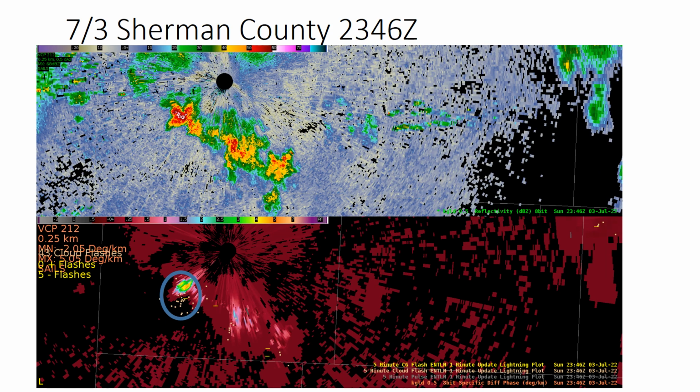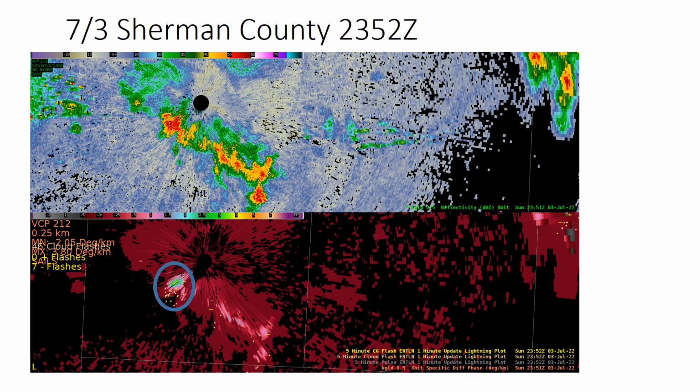And then at 2346Z, you can see that the KDP core is still present, and the lightning has ticked down just a hair. At 2352Z, the lightning has again ticked down a little bit as well.